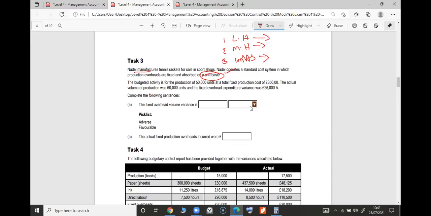That is different. That is not an absorption basis. Labor hour, machine hour, unit basis is your OAR, overall absorption rate, to find out. If they don't tell you to choose any basis, you choose, yeah, thank you, Maha, unit basis. Nice and easy.